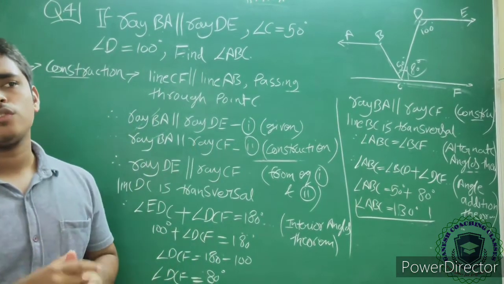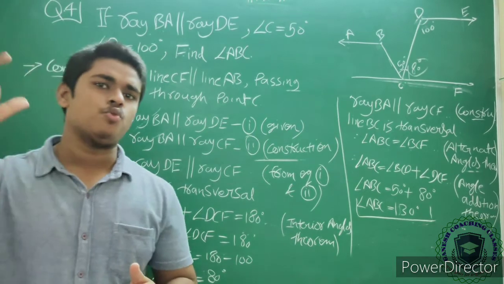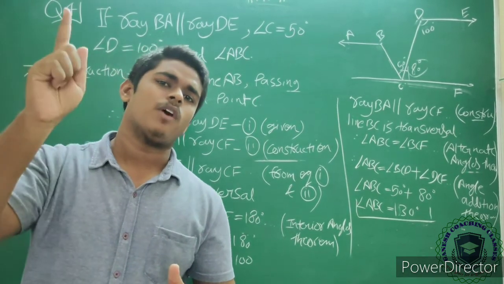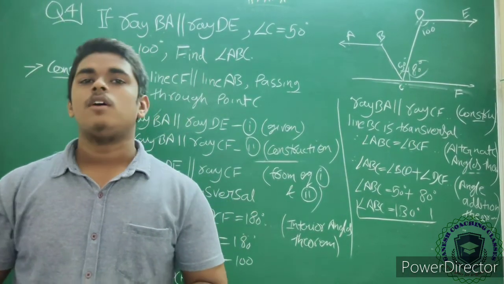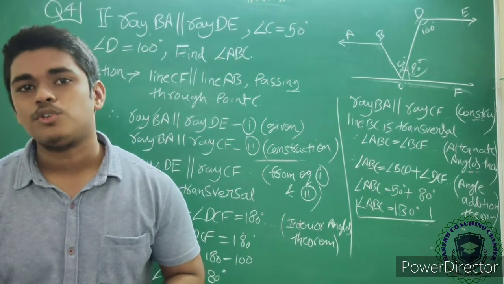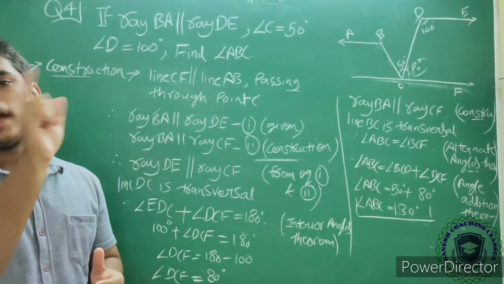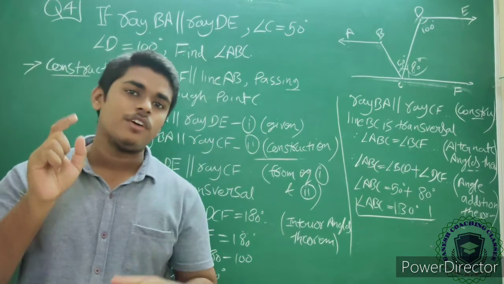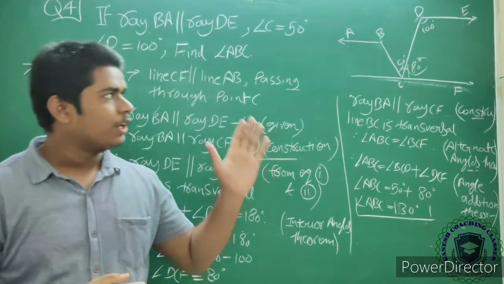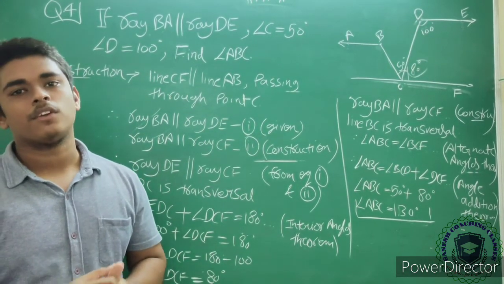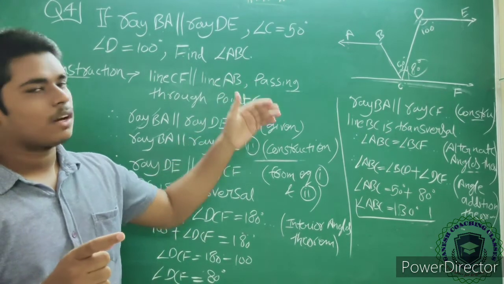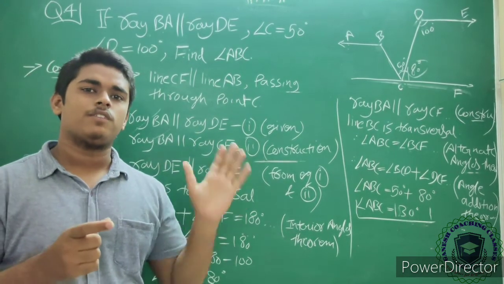If there was a perfect figure, with 2 or 3 parallel lines and 1 or 2 transversals, we would not need to draw any line, and we would just consider the angles. Here the figure was incomplete, so we constructed a line, CF, which is parallel to both of the lines.